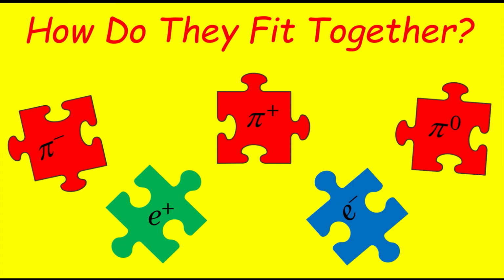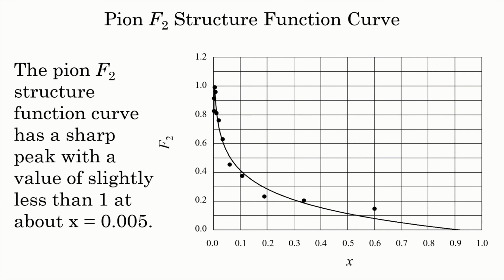A question that comes to mind is, how do all these pieces, the pions and the electrons, come together to form the proton? The answer to this question lies, once again, in the F sub 2 structure function curves. Starting with the pions, the F sub 2 curve has a very sharp peak whose value is in the vicinity of 1.